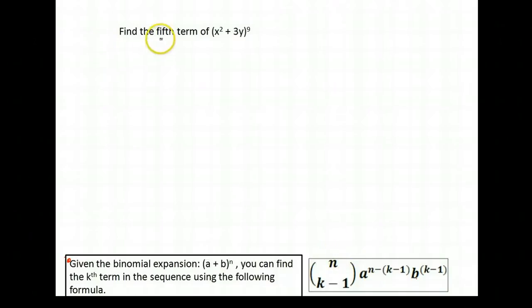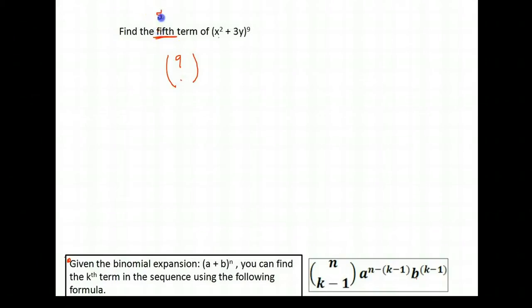So we want the 5th term of this expansion, x squared plus 3y to the 9th power, just the 5th term. We're not going to expand the whole thing, we just want the 5th term. So again, your top number here is your exponent of 9. The number here is going to be the term you want minus 1.